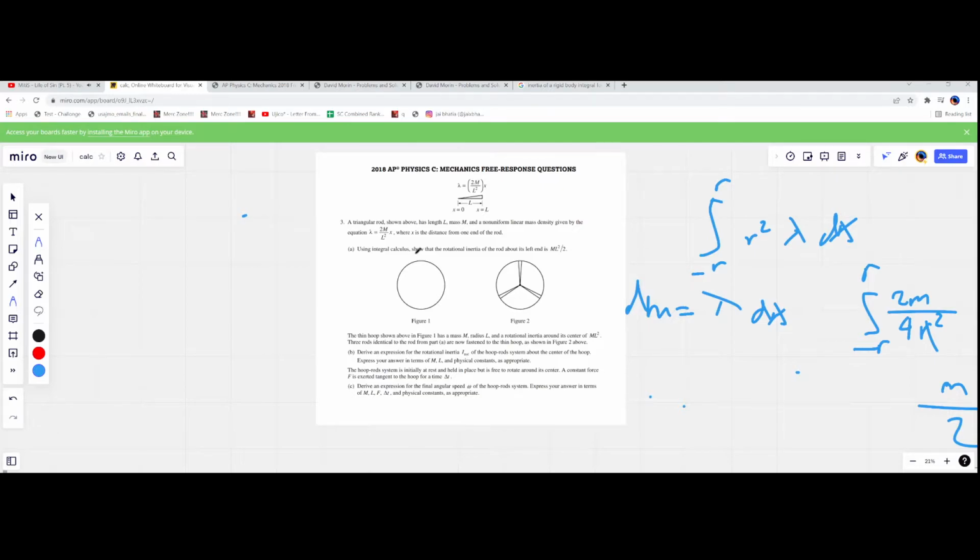A thin hoop. Okay, sure. The total I of the hoop rod system about the center of the hoop. Okay, that's like pretty free. I think you just add them.